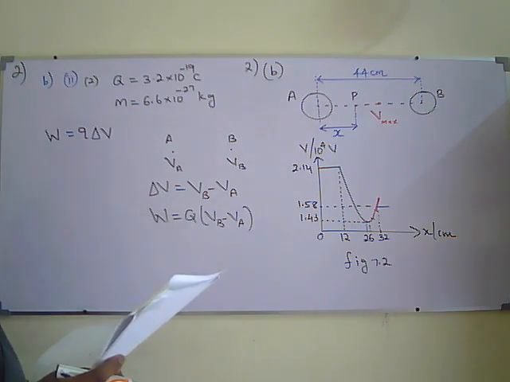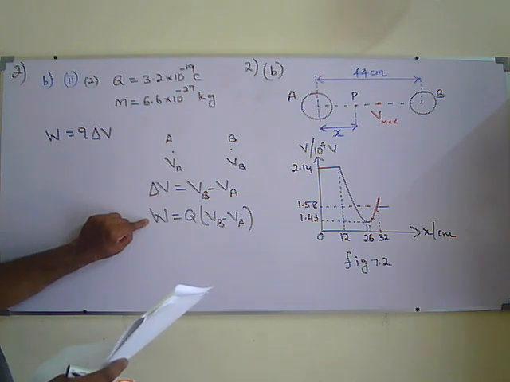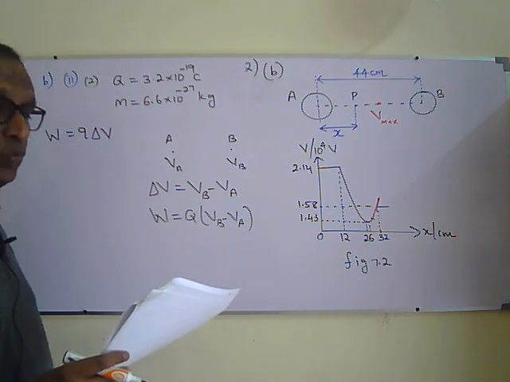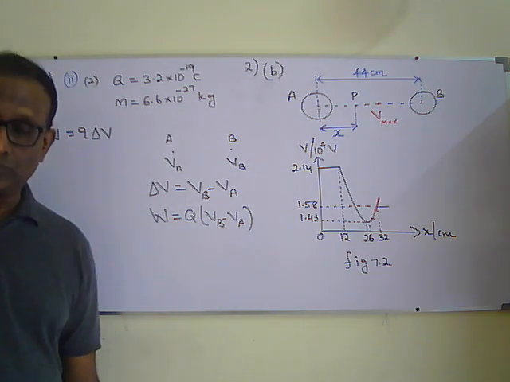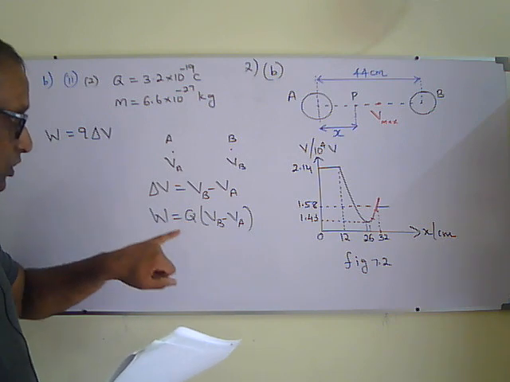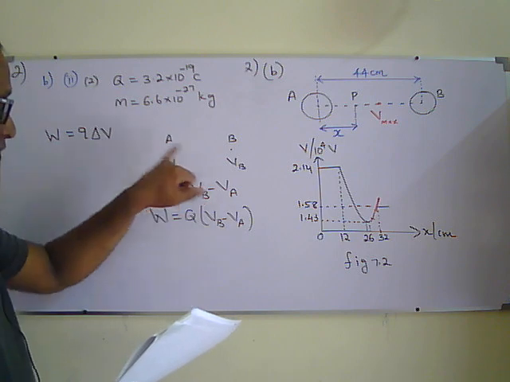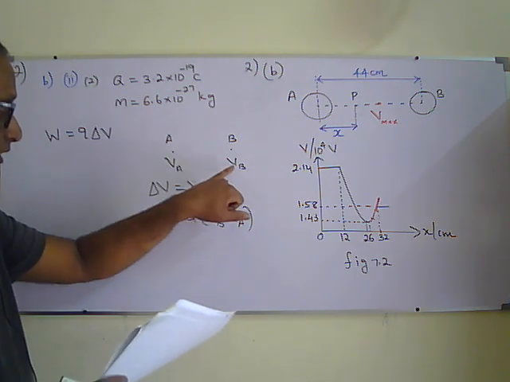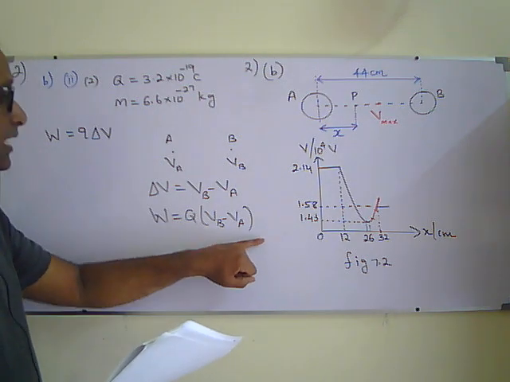Here, if you get work done as a positive quantity, that means the particle will lose its kinetic energy and gain potential energy. Q is the charge moving from A to B, the potential of A is VA, the potential of B is VB, and the potential difference is VB minus VA.